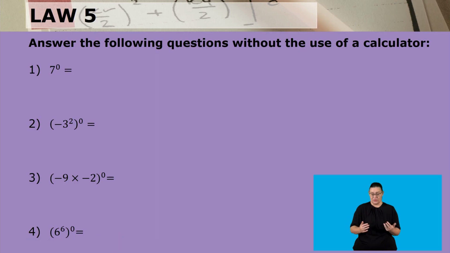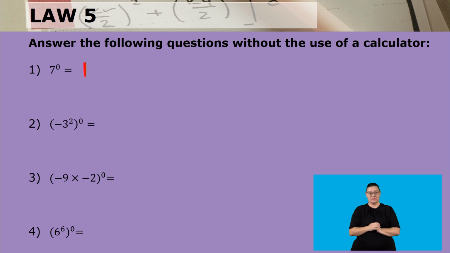So let's look at the following questions and let's try and answer them without the use of a calculator. The first question there says 7 exponent 0. Now we know that a number raised to the exponent 0 will be 1, and we know that that answer there is 1. What about the next one of a negative 3 squared raised to the exponent 0?